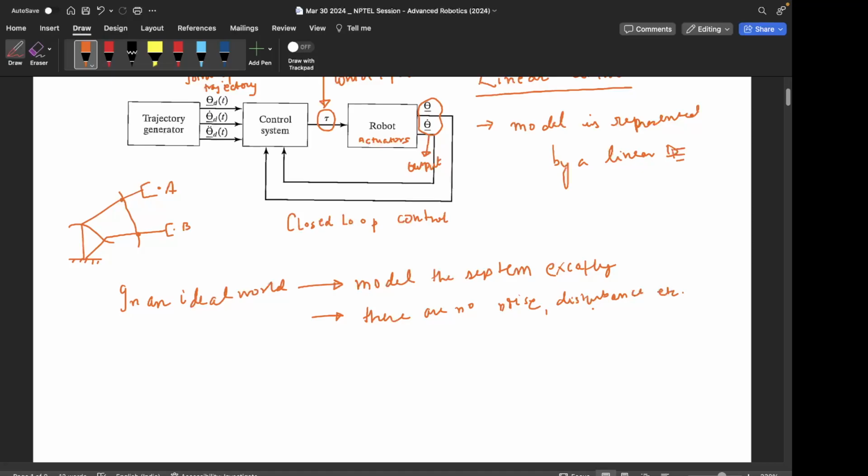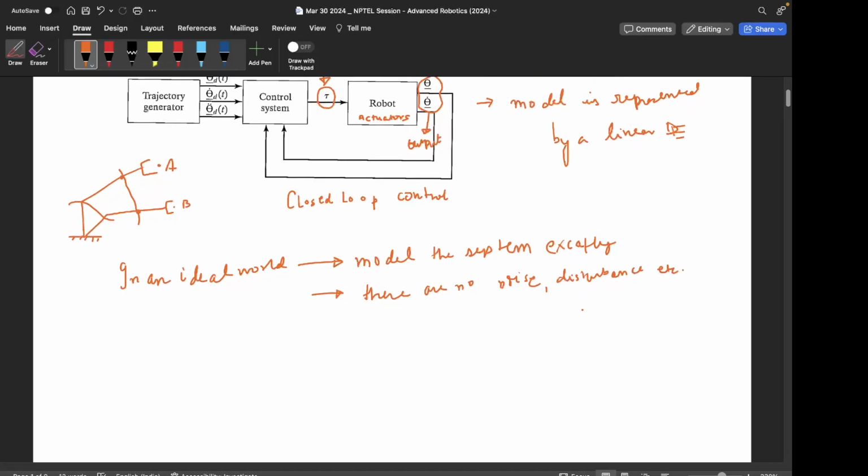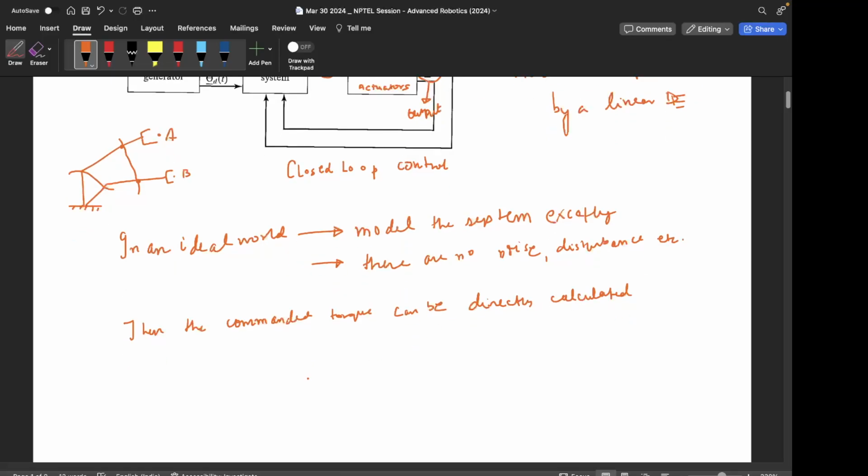So if it were an ideal world, then the commanded torque can be directly calculated by the equation of motion.